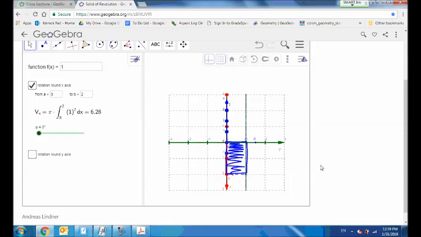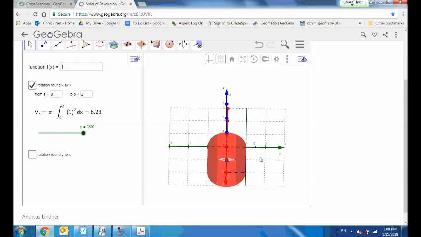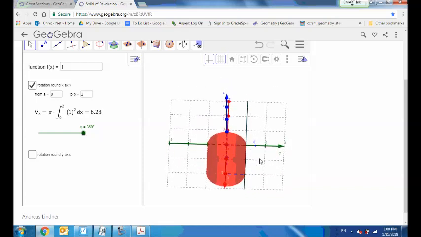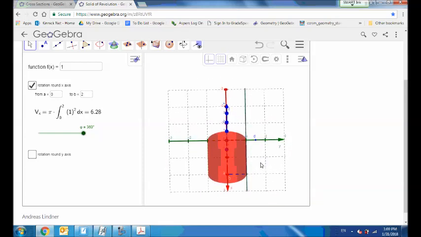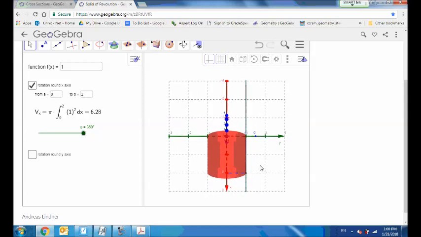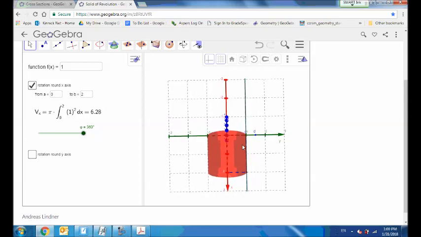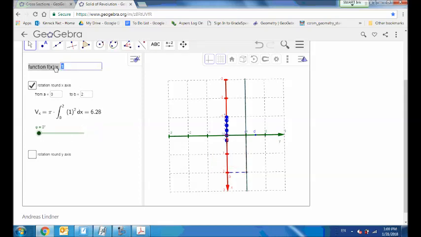Now what shape do you think you will get if you rotate that around? Well, let's look at it. If we rotate that shape around, then we get a cylinder. It would actually have a top and a bottom, but in this program I only have just that line rotated around, and so I do get a cylinder.